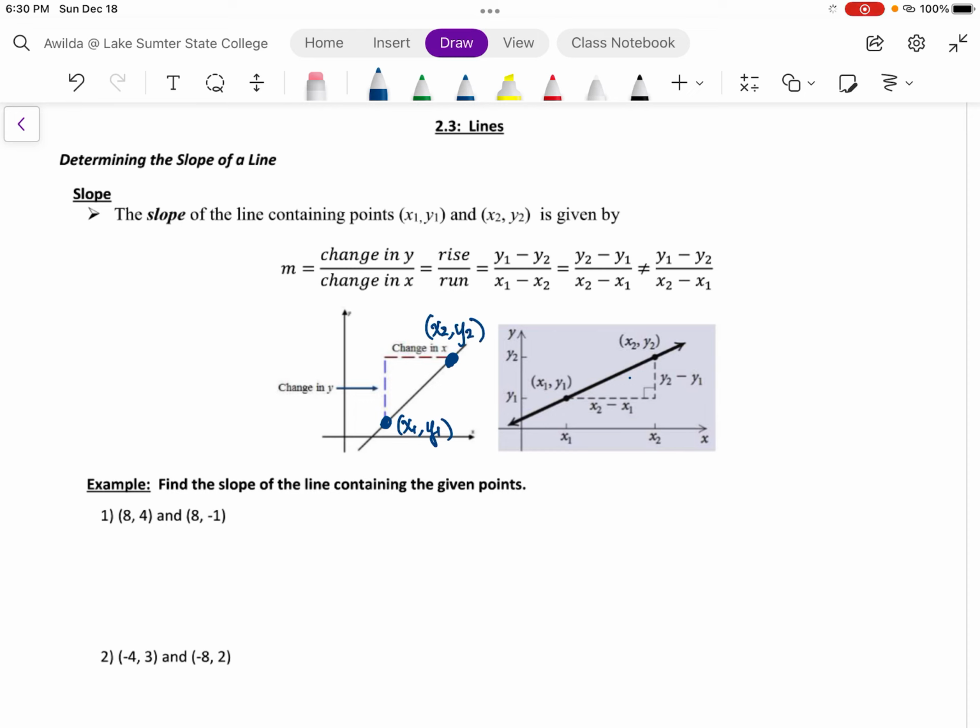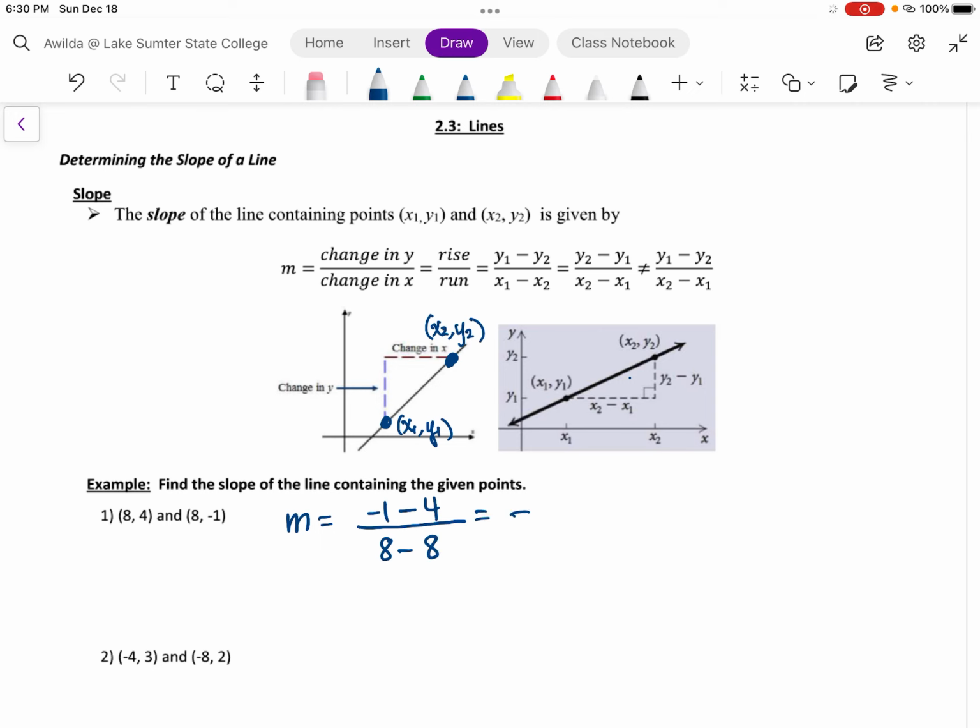Let's go ahead and practice using the slope formula to find the slope of a line that passes through the points 8, 4 and 8, -1. So as we saw up top, m is equal to the change in the y coordinates, so that'll be -1 minus 4, and the change in the x coordinates, so that will be 8 minus 8.